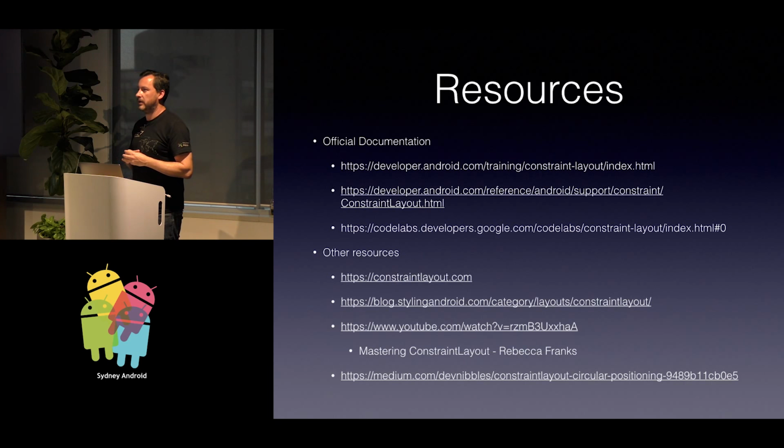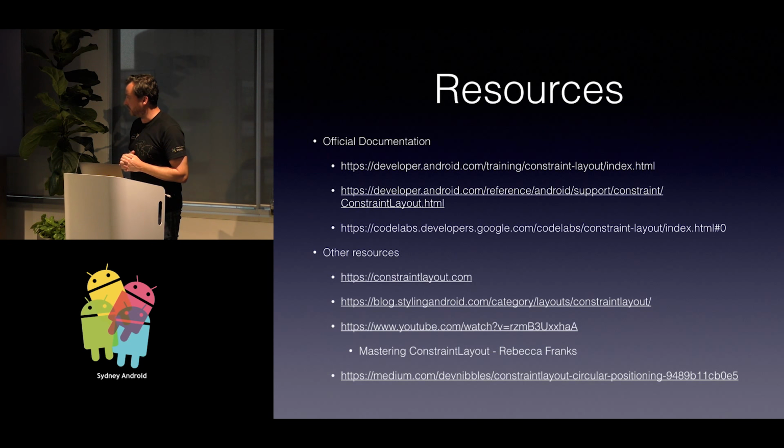There's a guy called Mark Allison who does a Styling Android blog, and he's done a whole series of blog posts about constraint layout, taking you from the very early stages when it was beta 1, and going through all the new features as they've been added. So that's a good series. There's a lady called Rebecca Franks. She's an Android GDE based in South Africa.